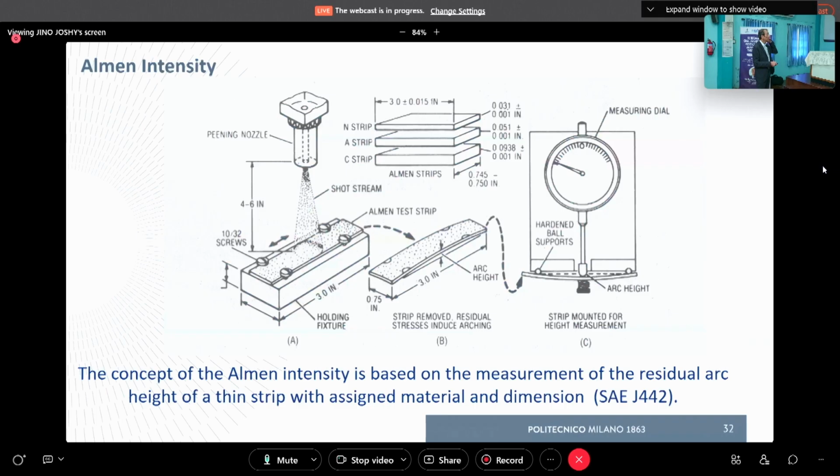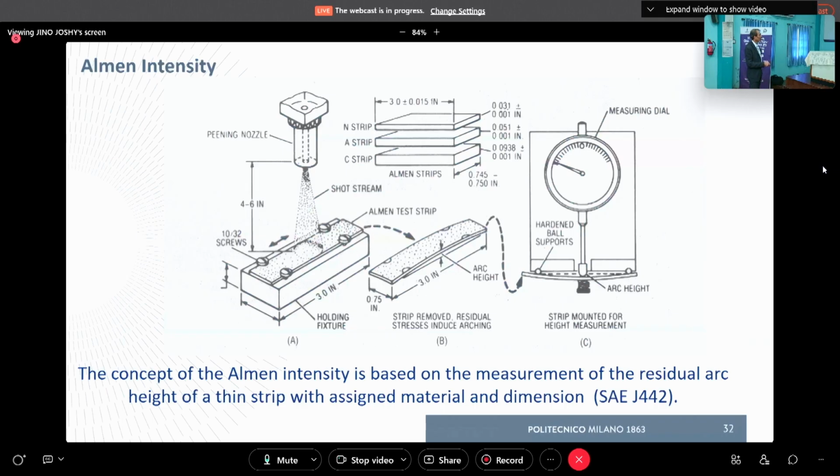And the Almen intensity is defined as the height, the value of the residual arc. Okay, this quantity is measured by means of a common measuring dial that is for measuring the variation of distance, let's say.